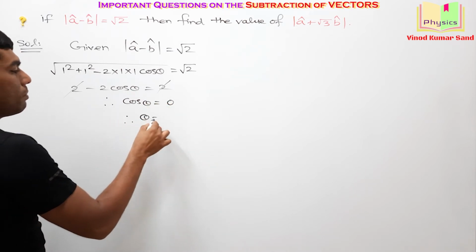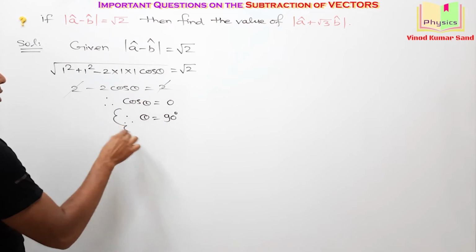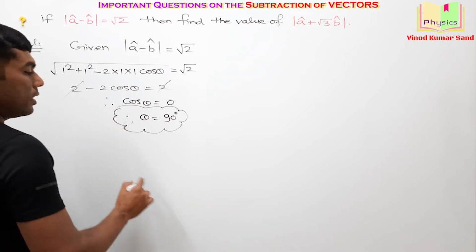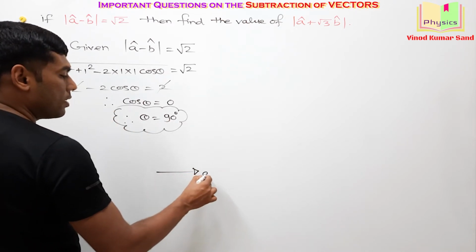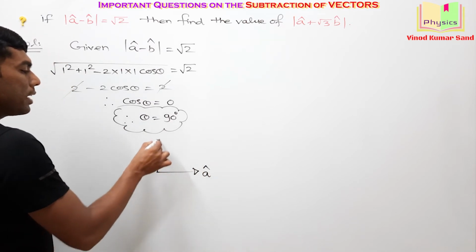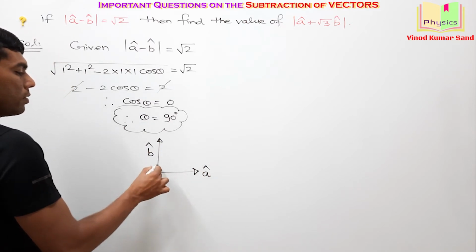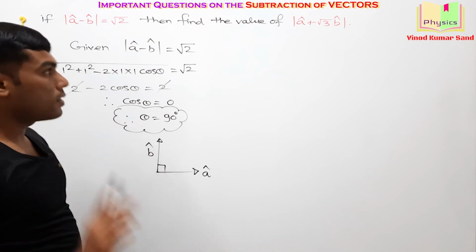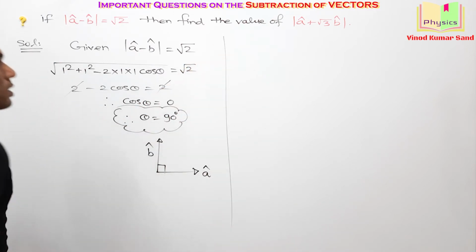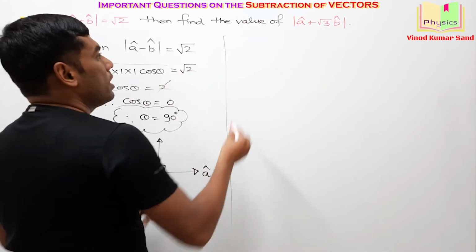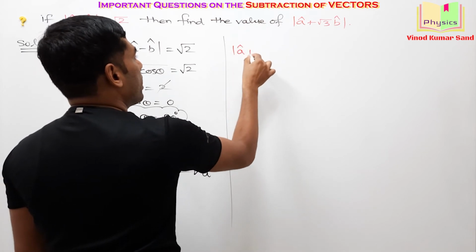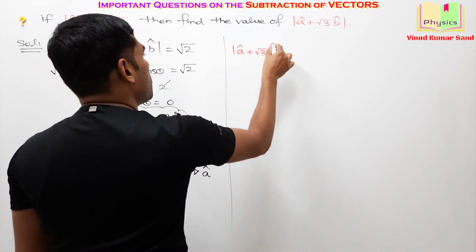Therefore, theta must be 90 degree. It means that if a cap is in this direction, the b cap must be perpendicular. Getting it?